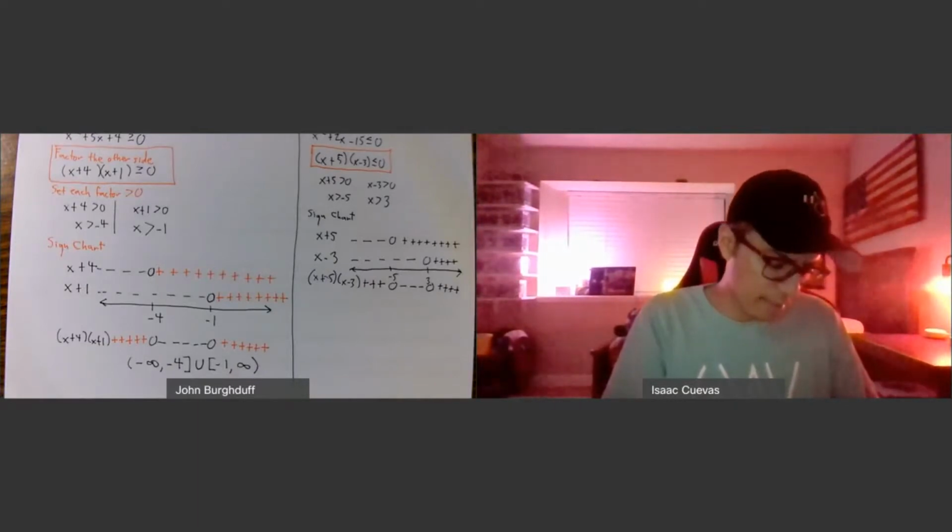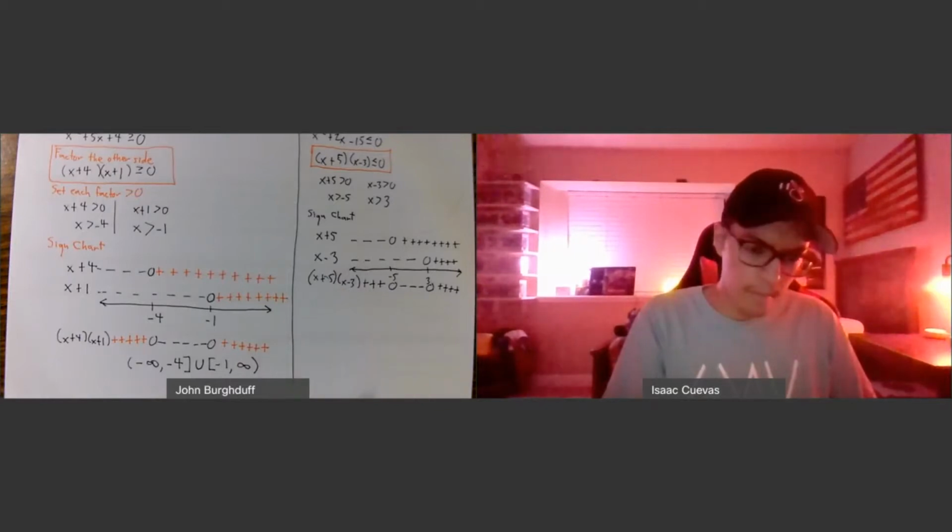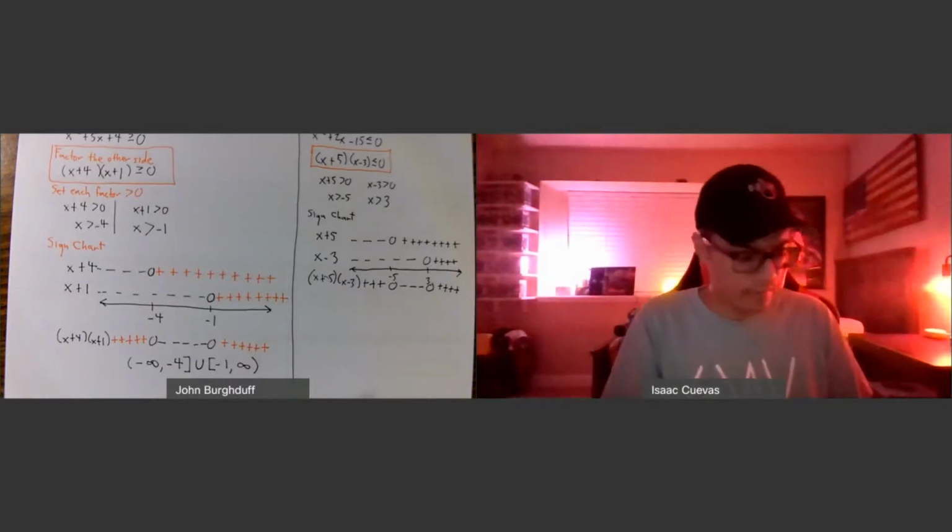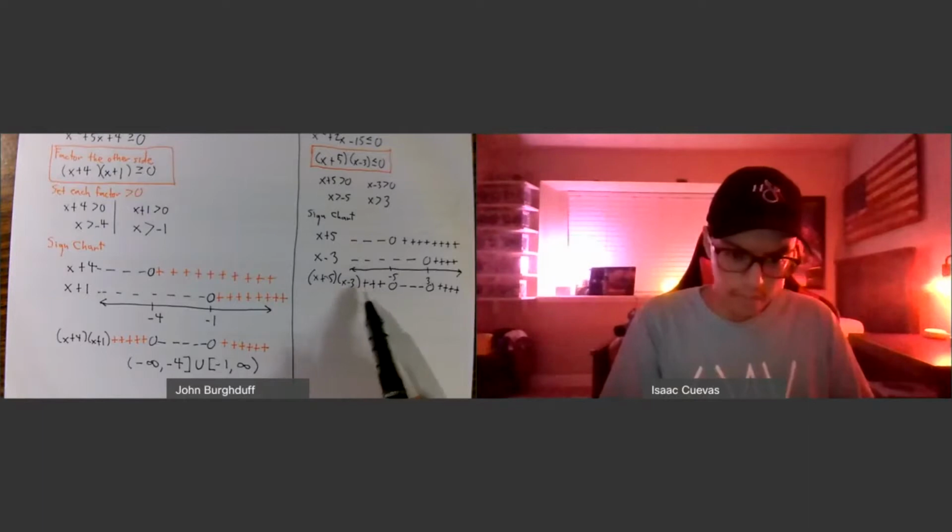Negative infinity, comma, -5, correct? Well, let me back up before you do that. Do you want the product to be positive or do you want it to be negative? Negative. So we don't want that part.